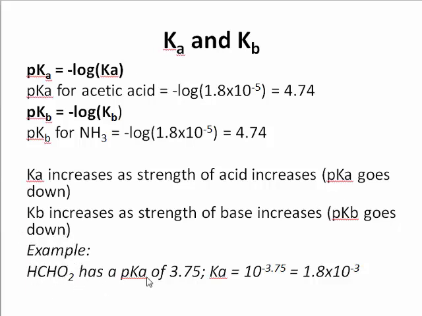For example, formic acid has a pKa of 3.75. Ka is 1.8 times 10 to the negative 4, found by taking 10 to the negative 3.75. Note that Ka for this is larger than Ka for acetic acid.